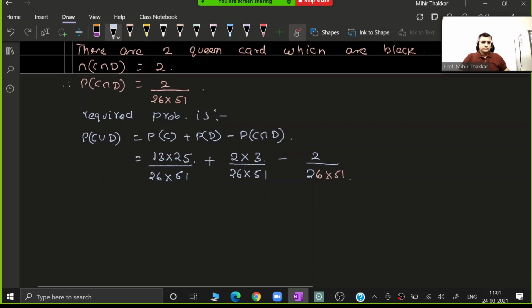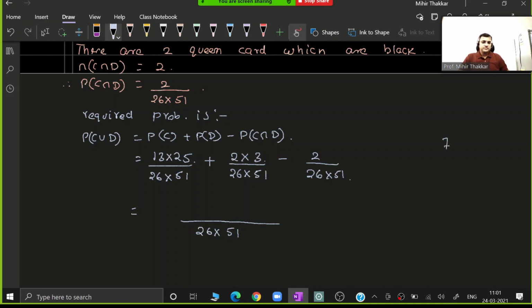So all the denominators are having the same value, 26 into 51. So we can easily multiply the two values and then add and subtract the remaining numbers. So when I want to multiply 13 into 25, I can say that 25 into 3 is 75.